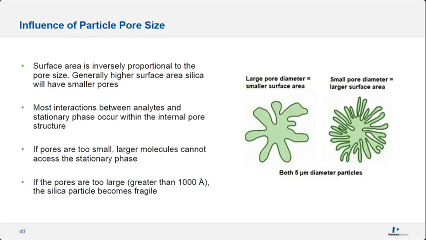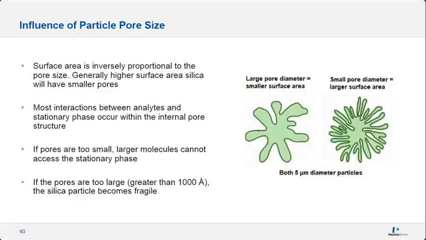If pores are too small, large molecules cannot access the stationary phase. If the pores are too large, greater than 1,000, then the silica particle becomes fragile. And we could see an idealized diagram of a large pore versus small pores shown on the right portion of the slide.